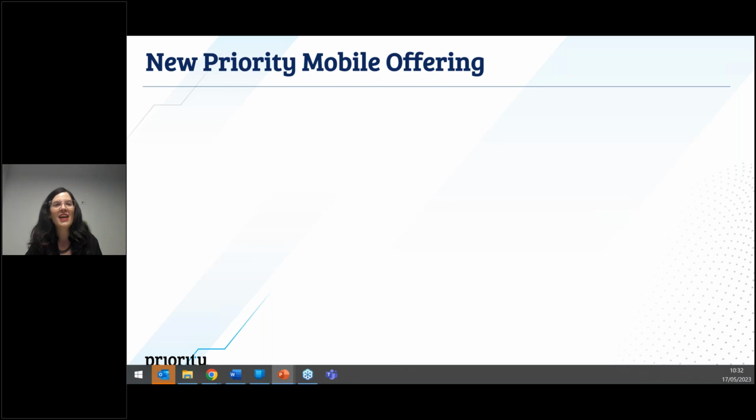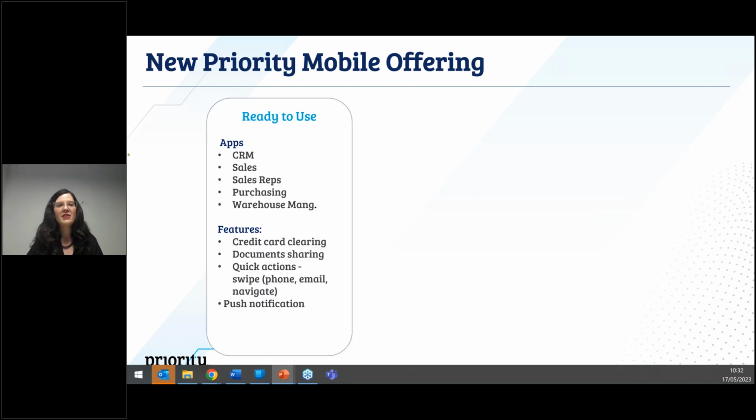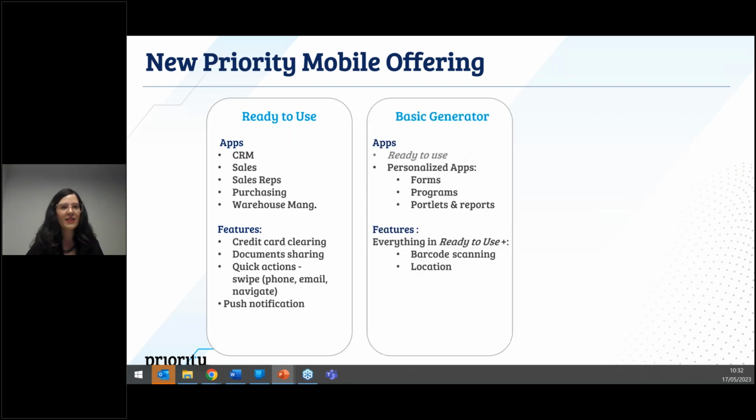For the mobile app, we have 3 offerings. The first is Priority Mobile App, which is part number APP001. It includes our ready-to-use apps that I showed you without the app generator. This is suitable for small and simple customers who need limited applications. And the second is the basic generator.